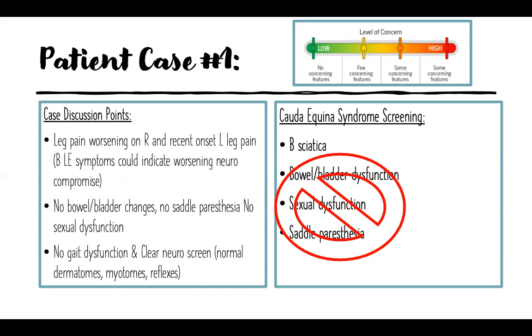And as we'll see, these different things that I'm highlighting are part of what we might think of as screening for cauda equina syndrome. So bilateral sciatica is present. These other signs and symptoms are not. So that reduces our suspicion, though we do still have some suspicion. So we have to be prepared to refer if these things present themselves or if our suspicion is raised.